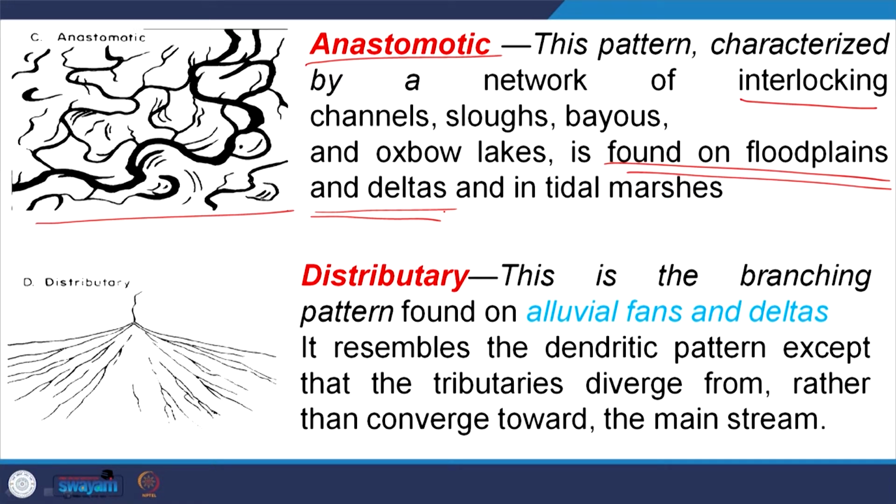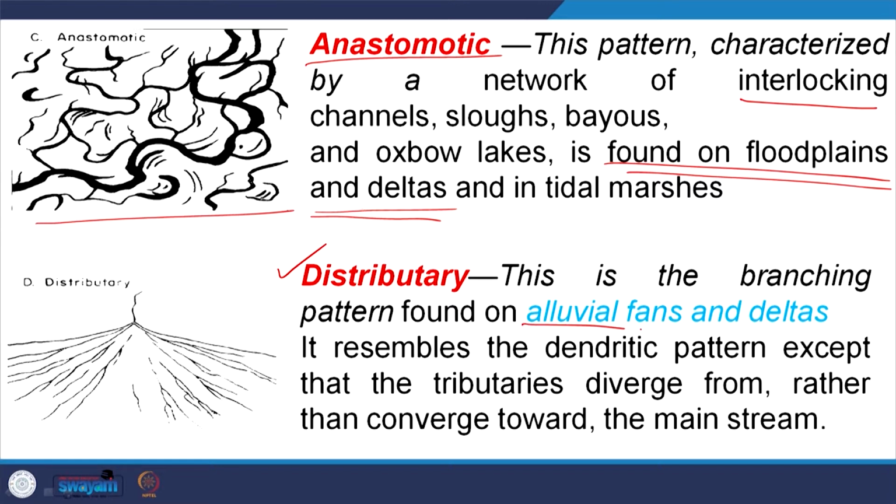Then another type of drainage pattern is the distributary pattern. Distributary, the term itself says it distributes. That means the main channel distributes its water through distributary channels, sub channels. So, these are mostly found in alluvial fans and in deltas. Alluvial fan and delta are the characteristic setting of the distributary pattern.